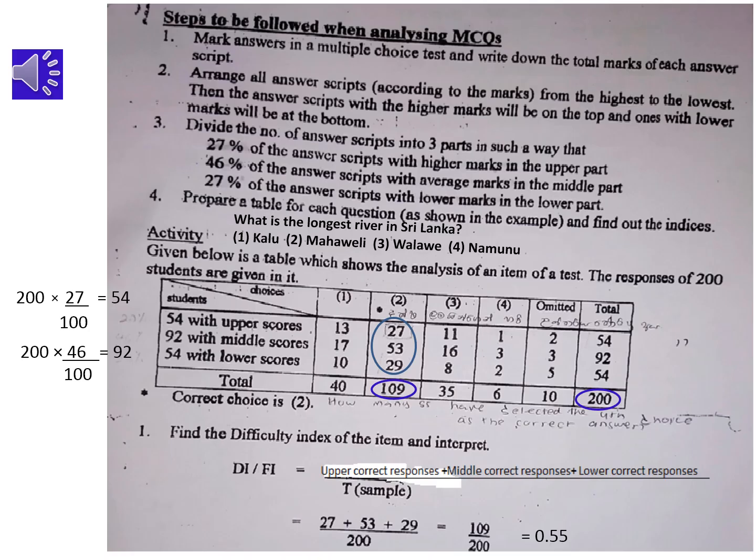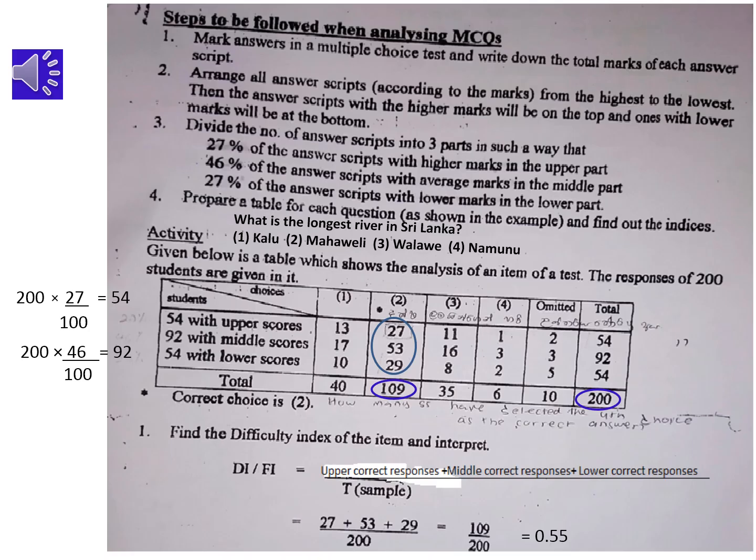Likewise, you take the middle set of papers, average students' papers. Once again, you go through how many students have marked Kalu as the correct answer in that set. Likewise, you go through all the choices. Then the weaker students' papers and check. Once you have done it, you get the totals down here. First choice, out of 200 students, 40 students have marked Kalu as the correct answer.